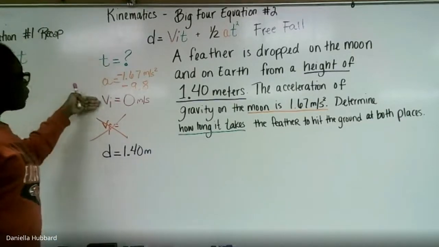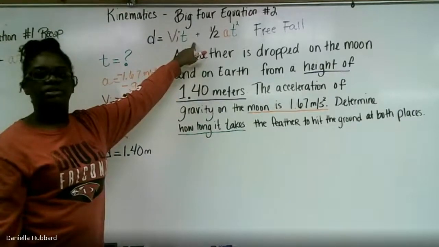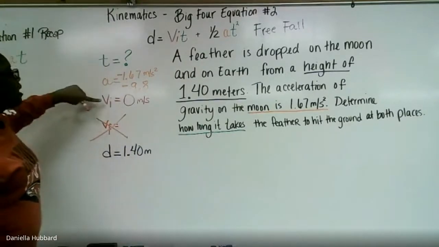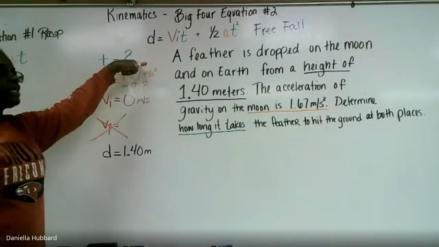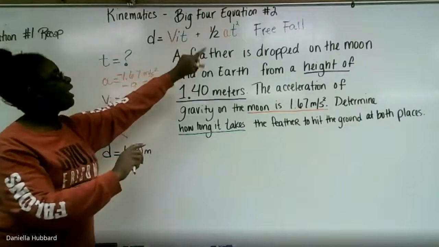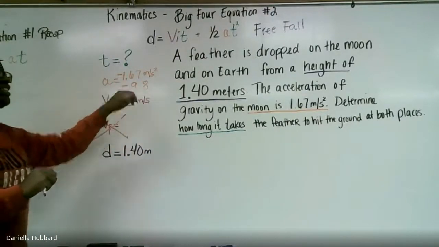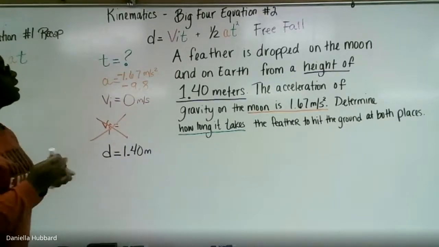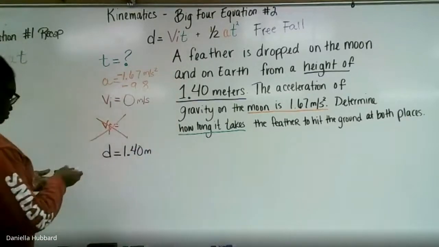And of these 4 variables, we know which equation to use because we have a distance, we have our beginning speed. Even though we don't have a number for time, we have to include time, and then we also have our acceleration. Okay, so now we're going to take our information and plug it into the equation.